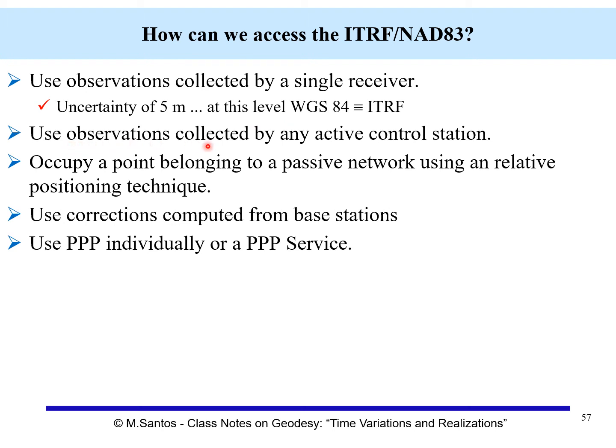We use observations collected by any active control station to have access to ITRF/NAD83. We can occupy a point belonging to a passive network using a relative positioning technique, use corrections computed from base stations, or use PPP individually or a PPP service.